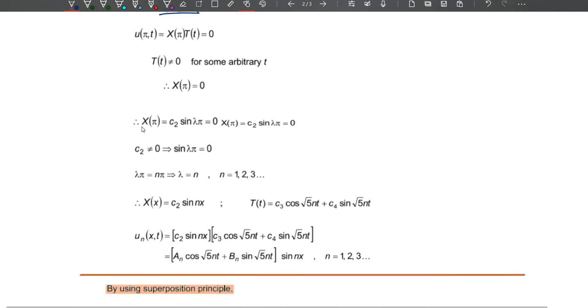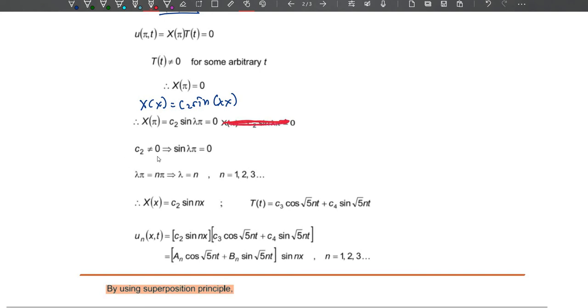Next, X(pi) is equal to c2 sin lambda pi. Remember that after the first condition, X(x) is equal to c2 sin lambda x. That's why we have X(pi) equal to c2 sin lambda pi.